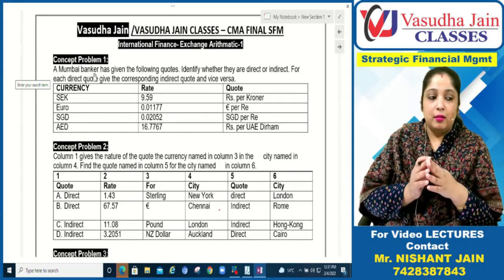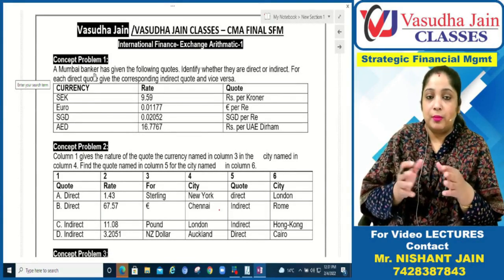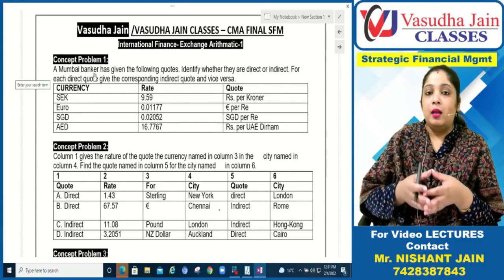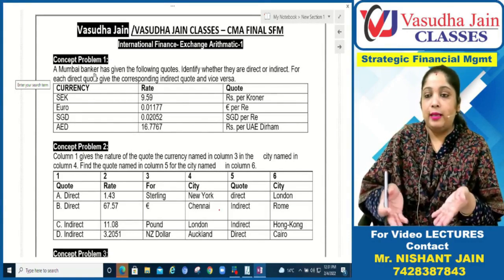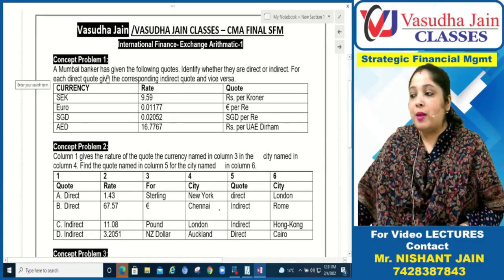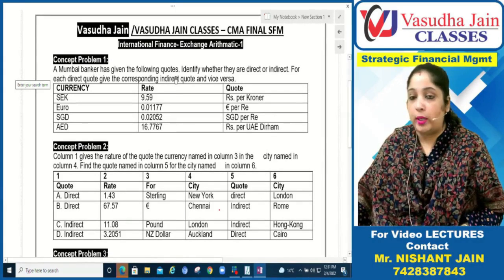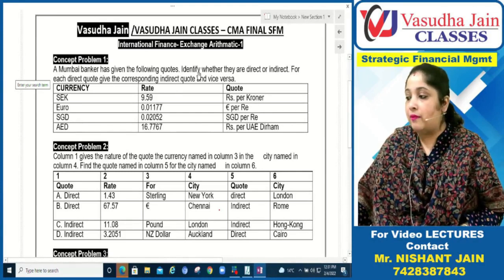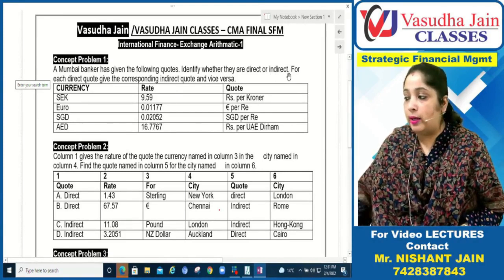I have started using some new ways of writing and dictating, so let's start. The Mumbai banker has given the following quotations. So an Indian bank has given them; identify whether they are direct or indirect.